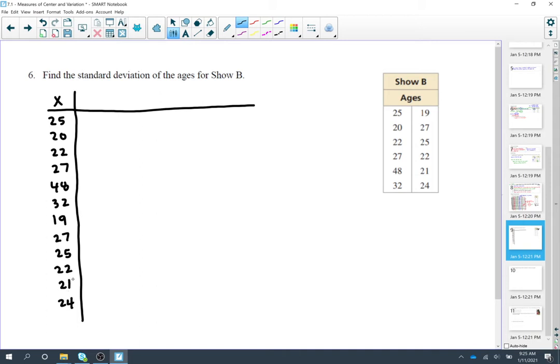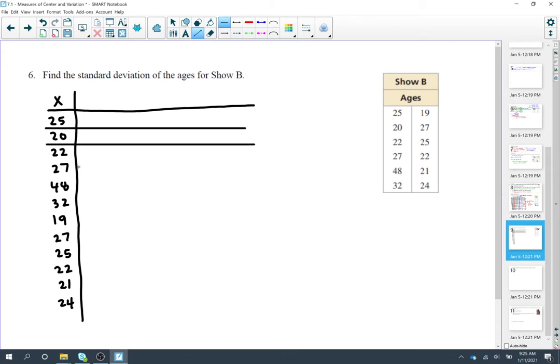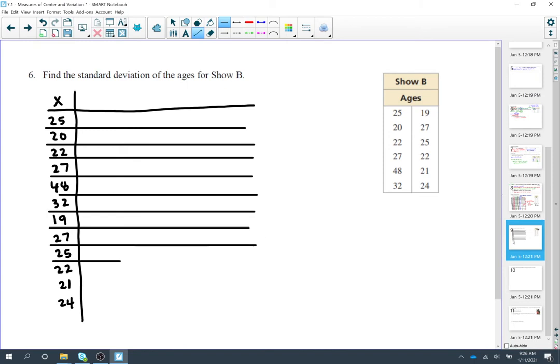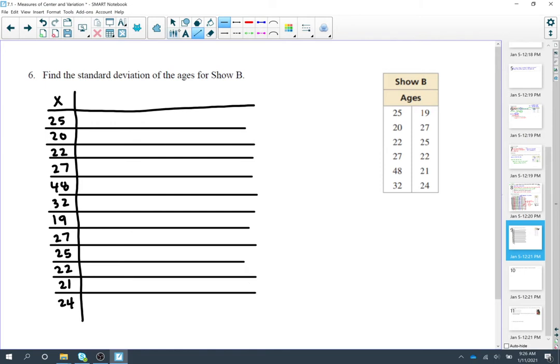Now, again, at this point, if you have a ruler, that would be very helpful because really you're just putting in a whole bunch of straight lines here to make your table. If you're doing this on a computer, you could just add a table. And then we're ready to go.